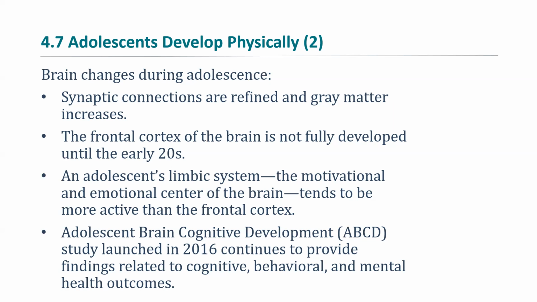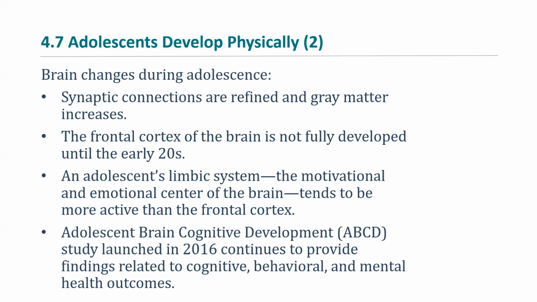An adolescent's limbic system, however, which is the motivational and emotional center of the brain, tends to be more active than the frontal cortex because it finishes development early. Early in adolescence, that part of the brain becomes fully mature. And so this is why you see an increase in risk-taking behaviors in adolescence.